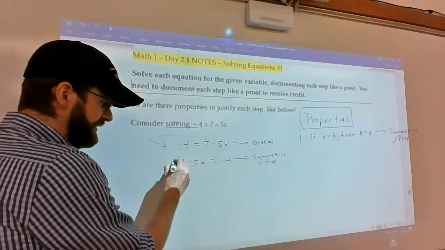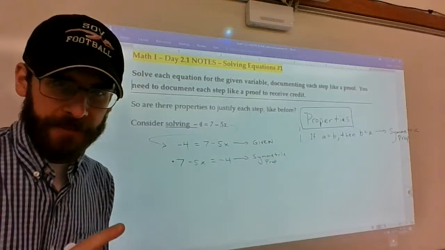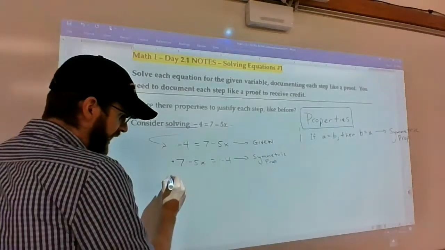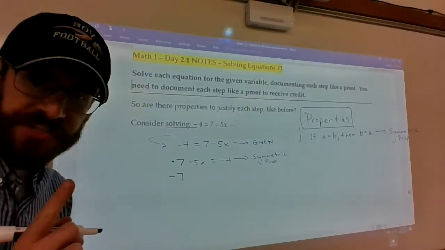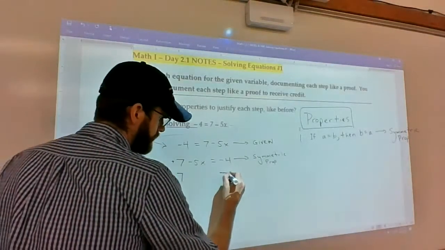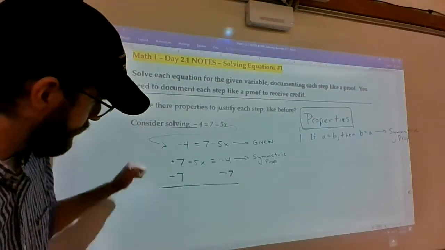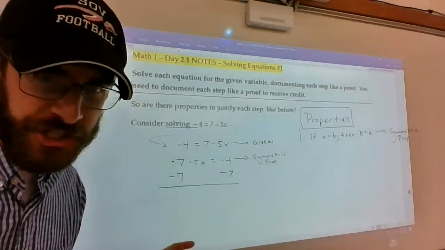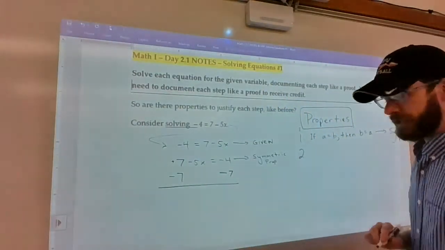It's a positive 7. I actually have a property that says that if I subtract 7 from the left and do the same thing from the right, I still have a true statement. It's totally legit. So that's our second property.